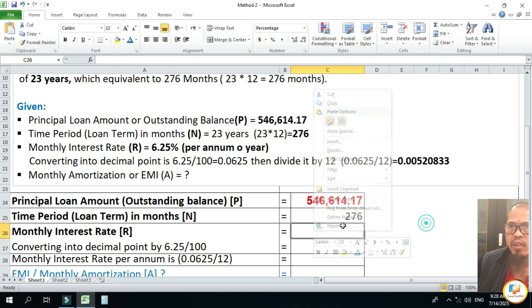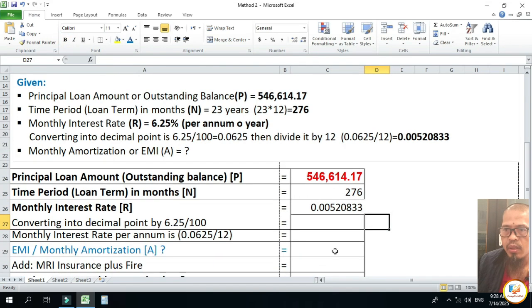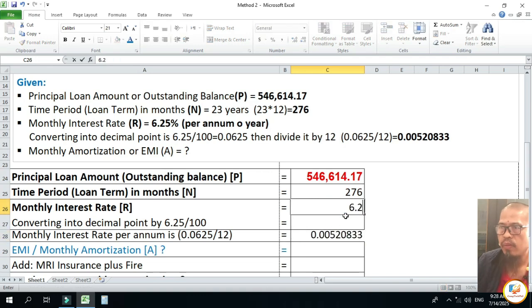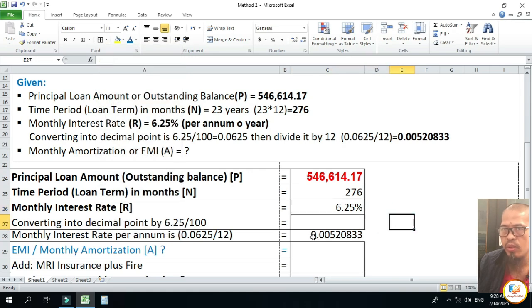Now we copy it here. We put here 6.25%, so that you can follow what I did.